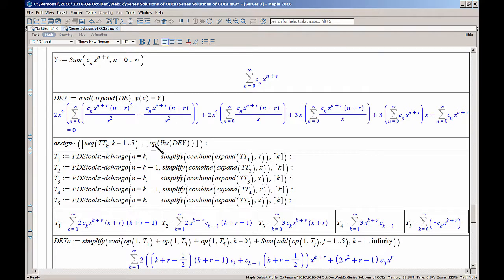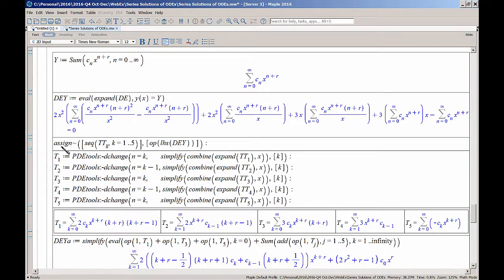This operand command applied to the left-hand side, because you see here it equals 0. So I apply to the left-hand side. I get a sequence, but then it becomes a list of each of these operands. And because of the plus signs and minus signs, it splits this into the 5 operands.